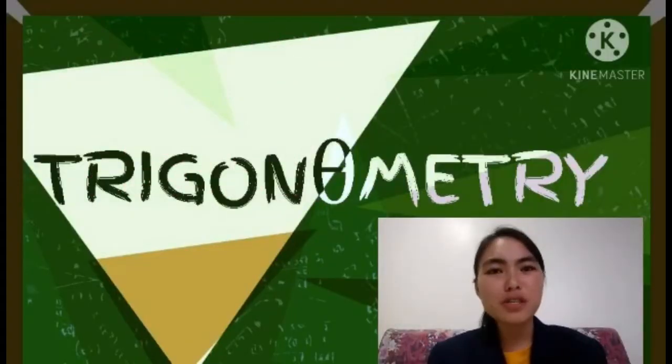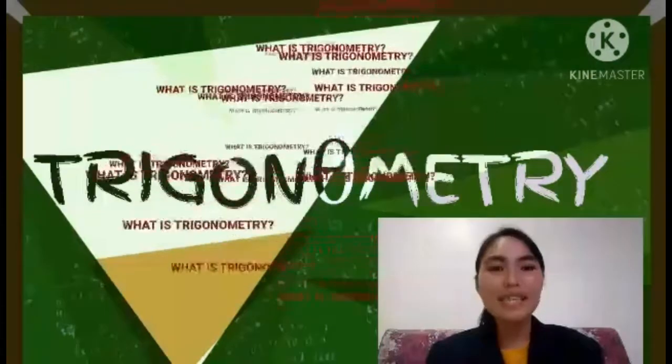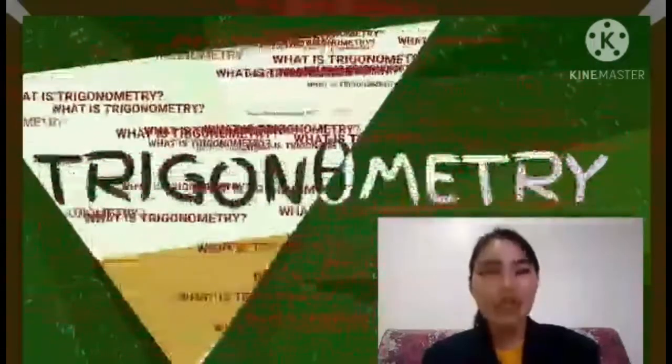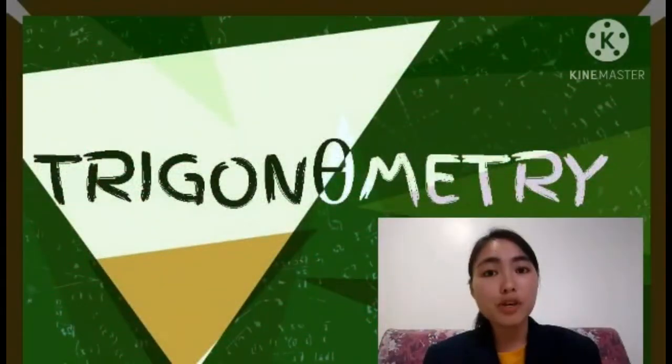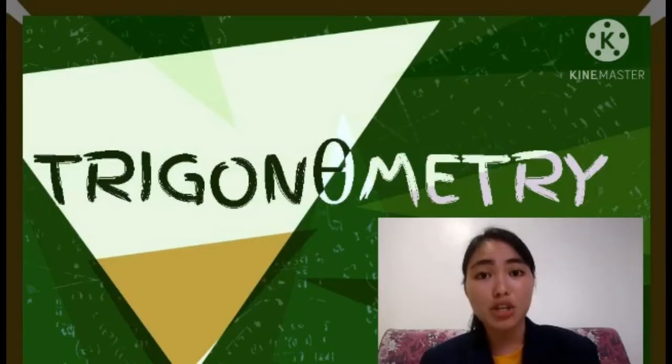So our first question is, what is trigonometry? Trigonometry is one of the most valuable branches of mathematics. It comes from the Greek words trigonon and metron, where trigonon means triangle and metron means to measure.